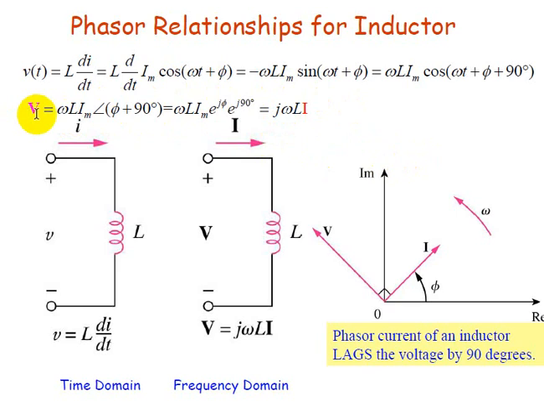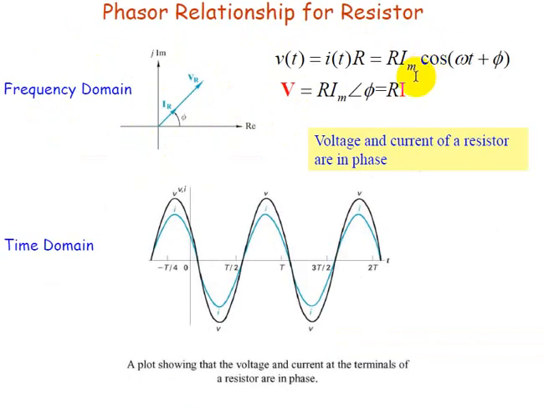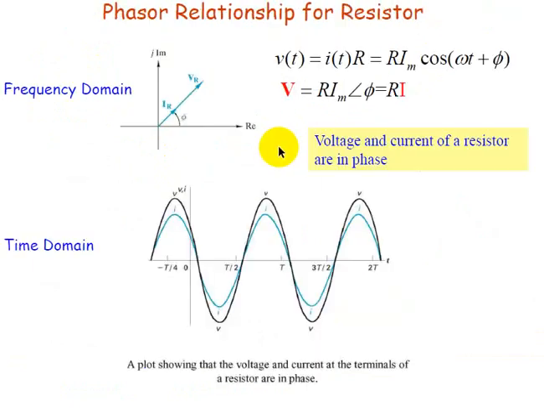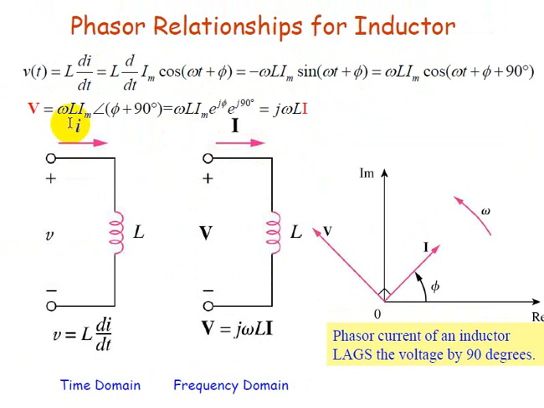j omega L Im angle phi. So that means if we apply Im angle phi in an inductive network, then we'll get j omega L Im angle phi, or you can call it omega L Im angle phi plus 90.